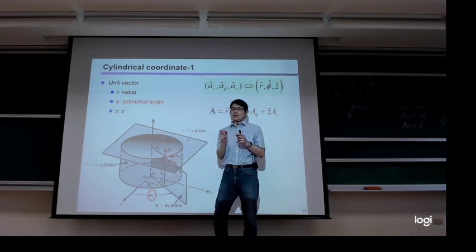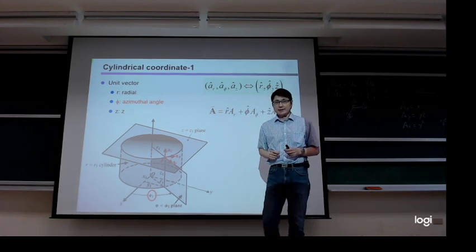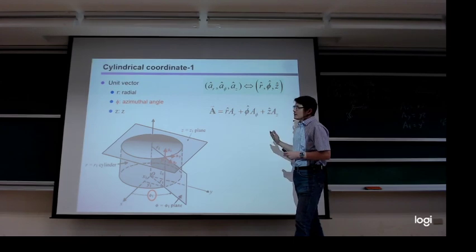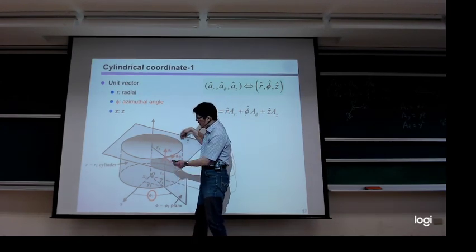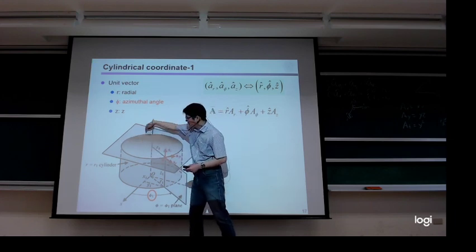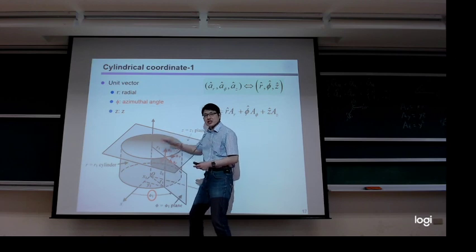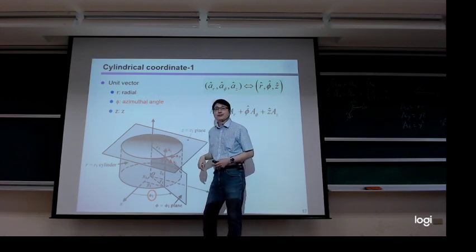So z is identical to the z in Cartesian coordinate. Okay? In essence, we are talking about a three-dimensional object with a constant radius, but it can change in height, and then you can change in angle, right?